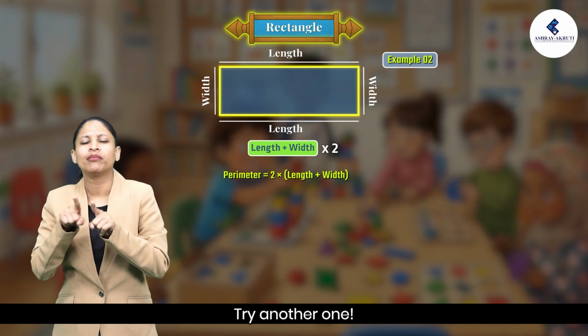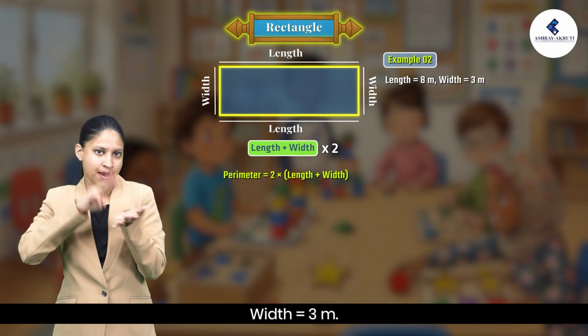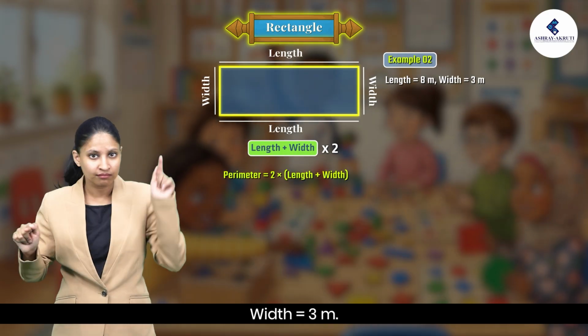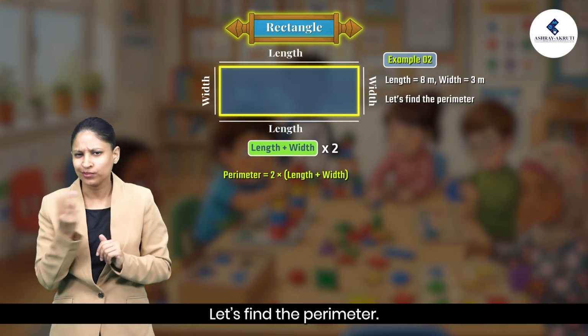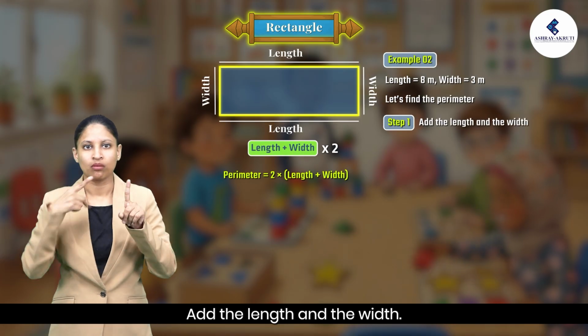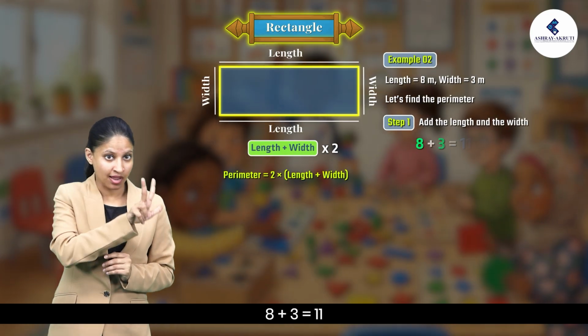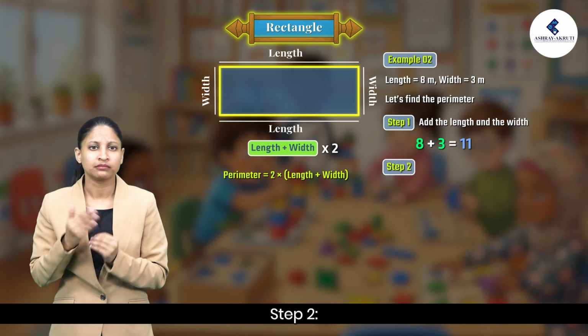Try another one. Length is equal to 8 meters. Width is equal to 3 meters. Let's find the perimeter. Step 1. Add the length and the width. 8 plus 3 is equal to 11. Step 2.